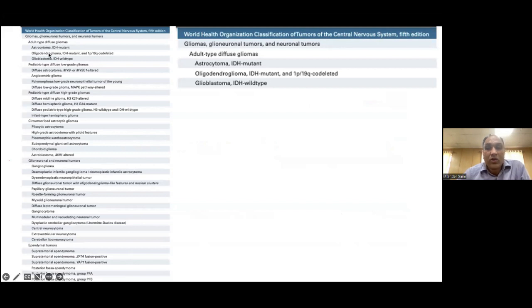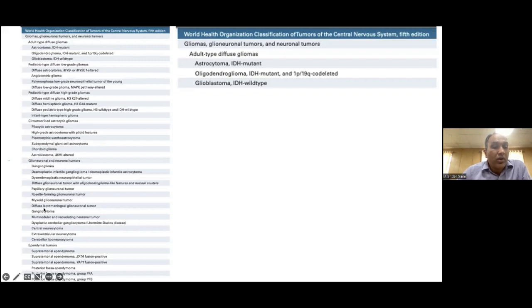They are further of 3 types: astrocytic tumors or astrocytomas, oligodendrogliomas, and glioblastomas. And then pediatric type diffuse low-grade gliomas and pediatric type diffuse high-grade gliomas. And then there are circumscribed astrocytic tumors called pilocytic astrocytoma, pleomorphic xanthoastrocytoma, SEGA (subependymal giant cell astrocytoma), chordoid glioma, astroblastoma.